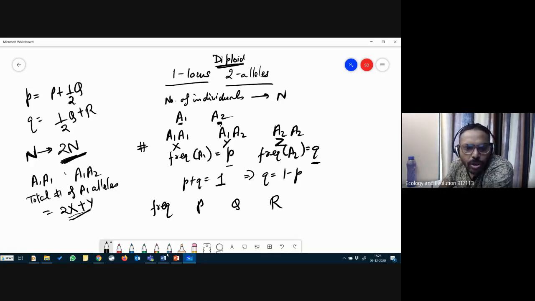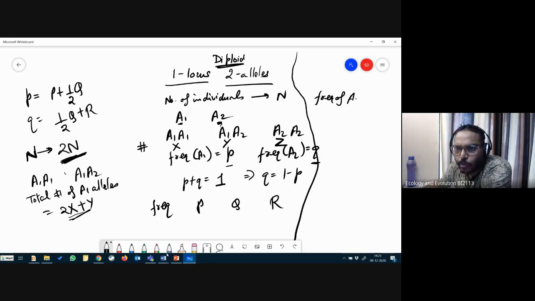So if I want to know the frequency of the A1 allele in the population, the frequency of A1 is equal to 2x plus y divided by the total number of alleles, which I said is 2n, correct? This is equal to x by n plus half of y by n, right?